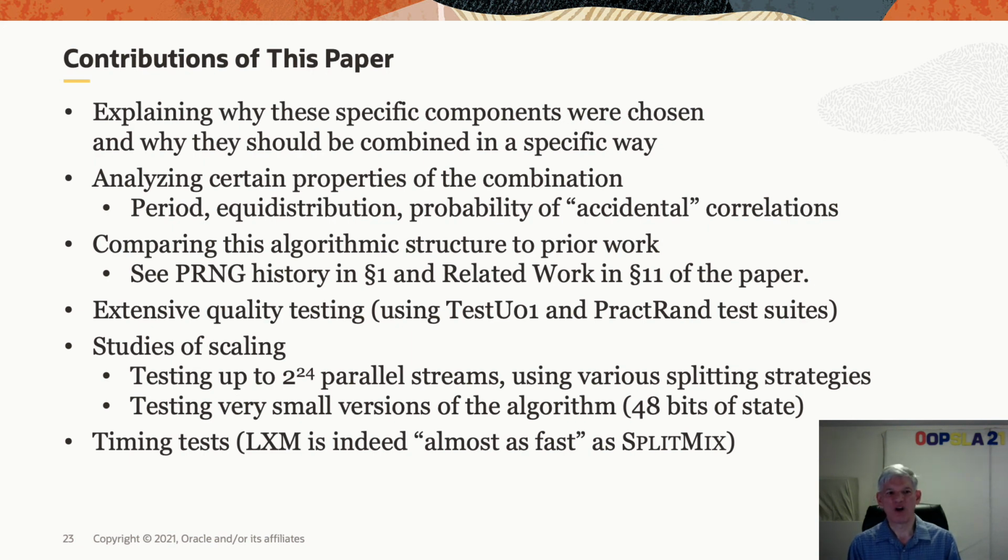We did extensive quality testing using the TestU01 and PractRand test suites, and these test results are reported in the paper. We did studies of scaling, testing up to 2 to the 24th parallel streams using various splitting strategies, and also testing very small versions of the algorithm using as little as 48 bits of state. Finally, we conducted timing tests that demonstrate that LXM is indeed almost as fast as SplitMix. Thank you for your attention.